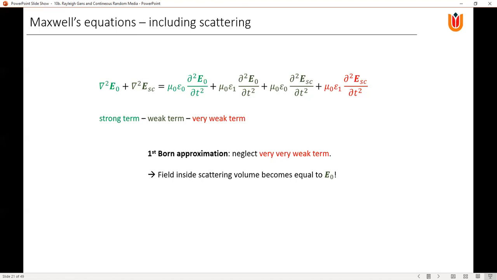So basically, every volume element in the scattering volume sees the same incident field, the same field strength. As I said a little bit earlier, that implies that there is no light scattered from one part of the volume that is being rescattered from another part of the volume, because that would not be true.